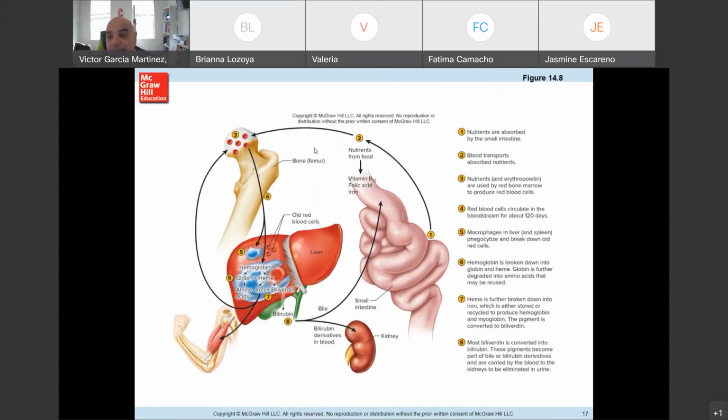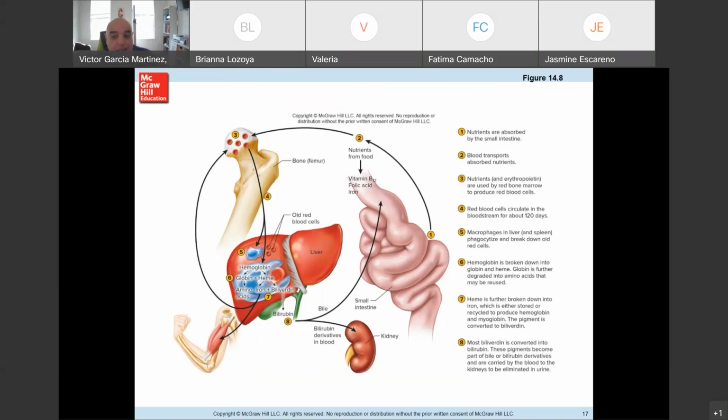Guys, normally this is the cycle of a red blood cell. The lifespan is going to be around 120 days. Normally we absorb the nutrients in our small intestine, and then we send those nutrients through the blood to the epiphysis in our red bone marrow, in our bones. Then we're able to produce more red blood cells. They're going to be circulating in our bloodstream for 120 days.